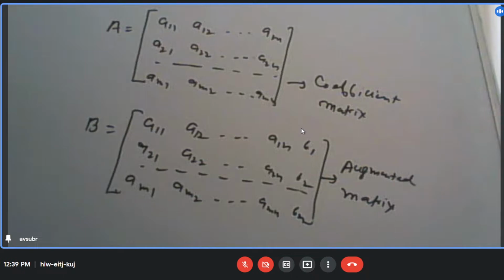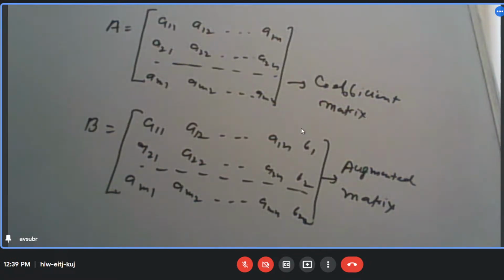Augmented matrix. Okay? Or I should write bm actually, because there are m equations. Okay, so this is what we will get. Fine.